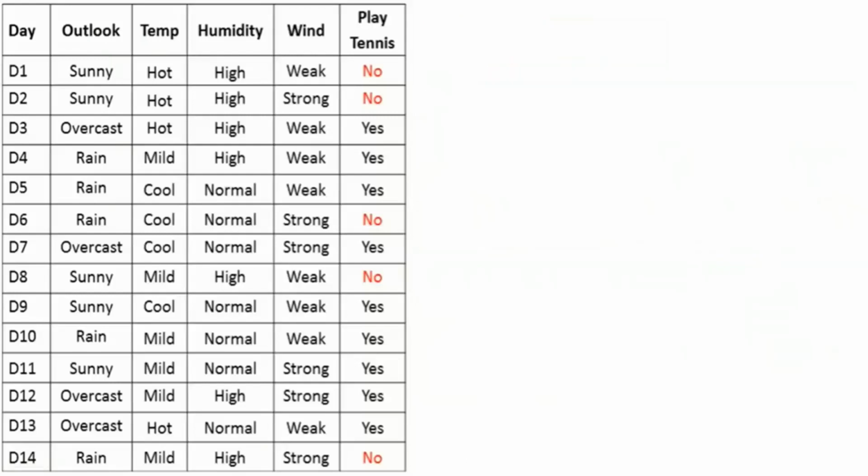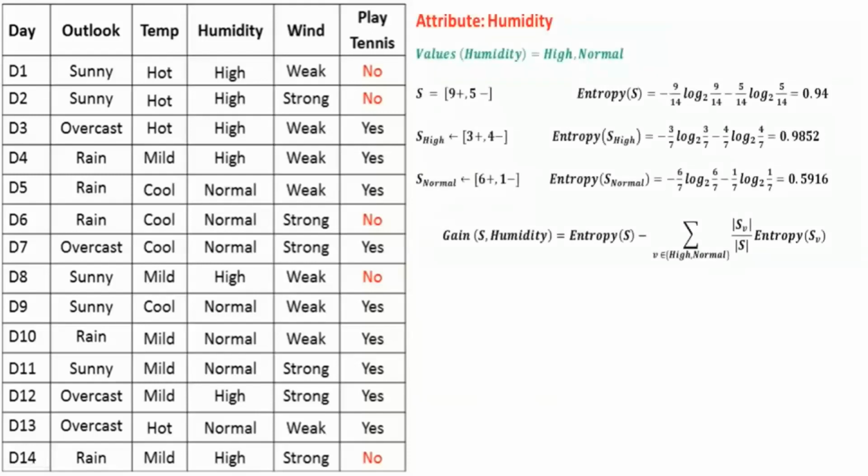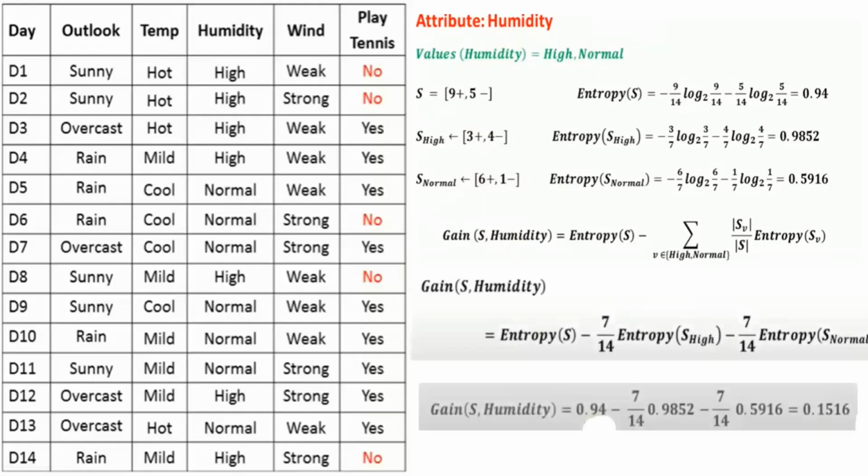Outlook we have calculated, temperature we have calculated, like that you need to calculate gain for humidity and wind as well. Consider humidity, which has two possible values, high and normal. Initially you need to consider the entire data set entropy, and later calculate it for both values of humidity, high and normal. Then calculate information gain for humidity, and if you substitute all those values, you will get the result. We are left with wind.